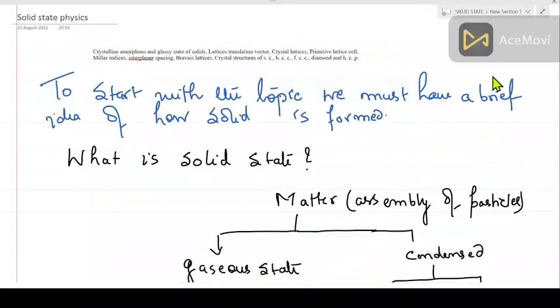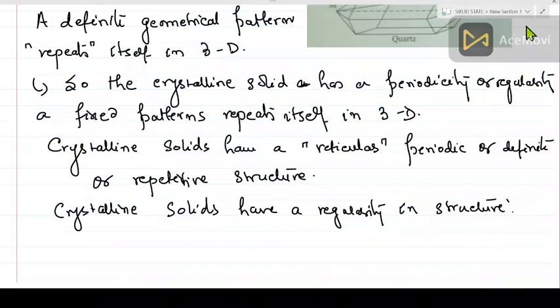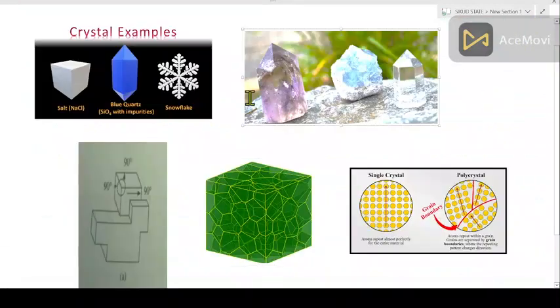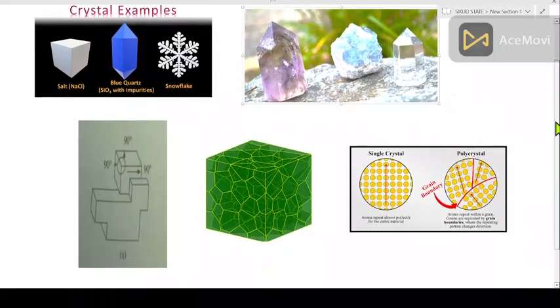So this is the definition of a polycrystalline and a crystalline solid. Now you can see again here, this is a single crystal. I will describe the single crystal in detail. You can see that all these small crystals are arranged in a definite manner. This is the arrangement, this is the arrangement. This is a single crystal, and this is a polycrystal.